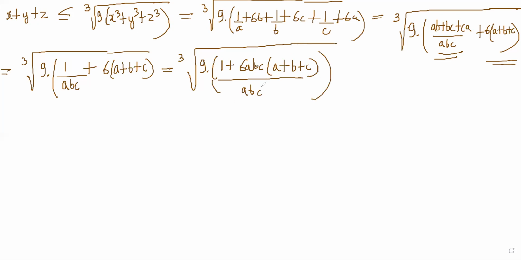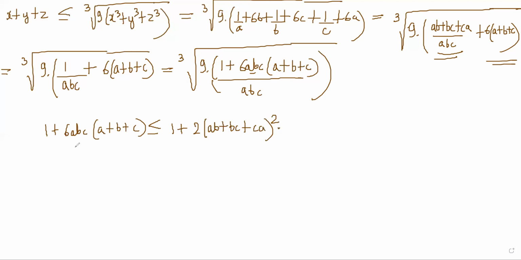And this is the step where we have to somehow replace abc(a plus b plus c) with terms in ab plus bc plus ca. So think about it. We can write 1 plus 6abc(a plus b plus c) as less than or equal to 1 plus 2 times (ab plus bc plus ca) whole square.